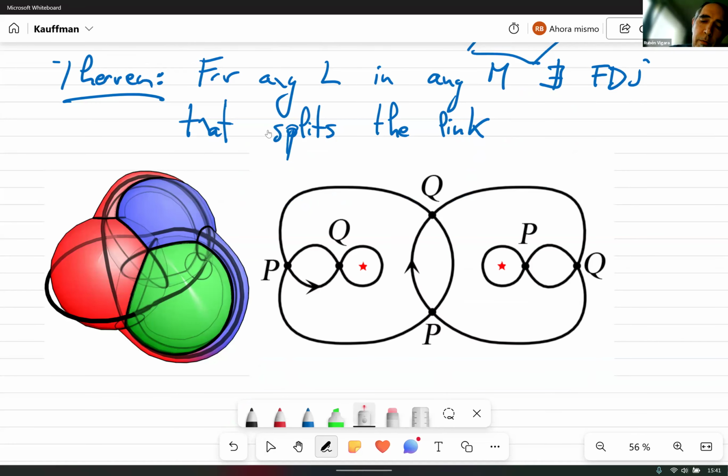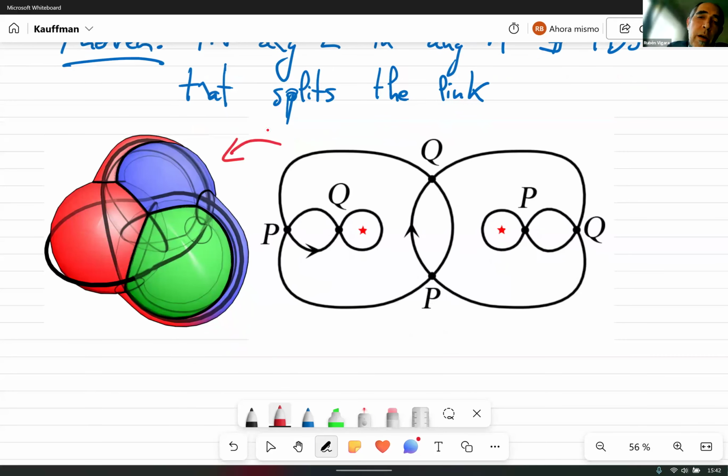So we can recover the three-dimensional picture from the diagram. Here the red stars are the intersections of the knot. So we can do this for any link or knot in any three-manifold.